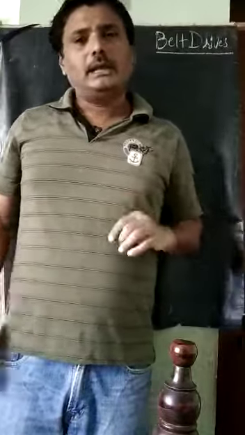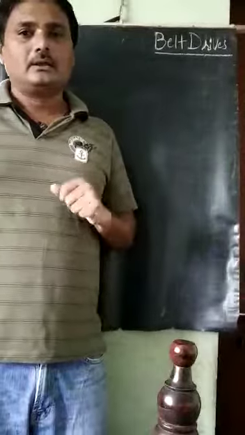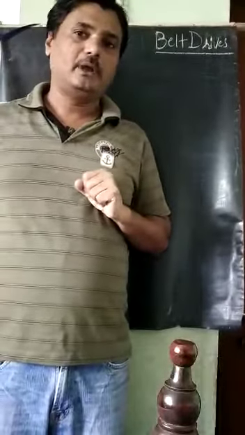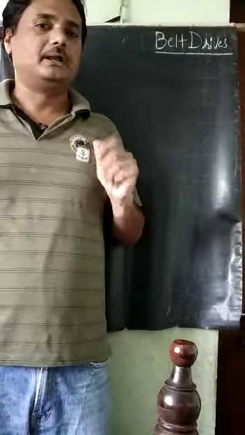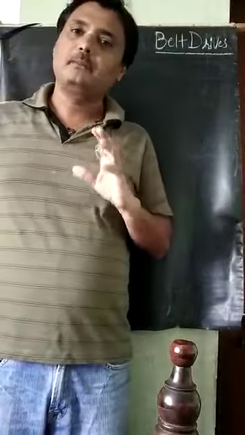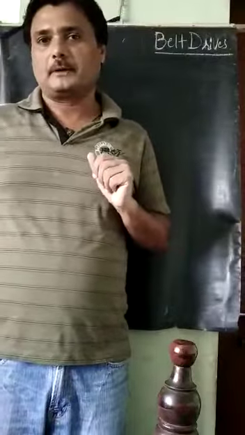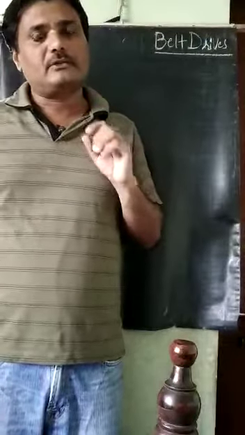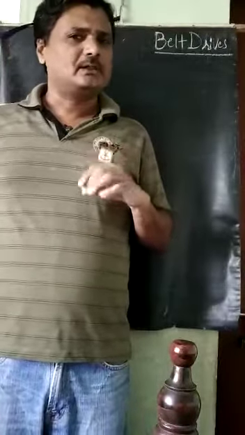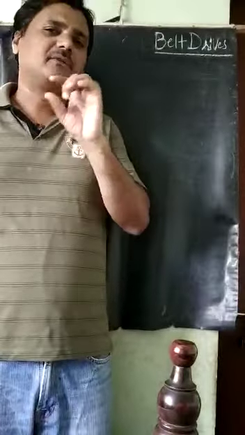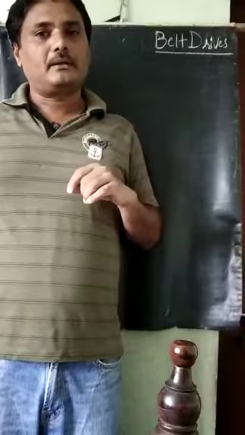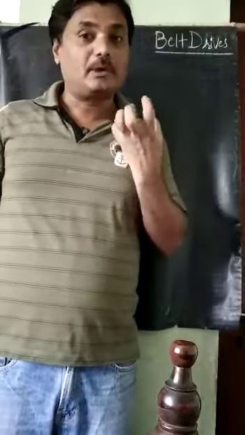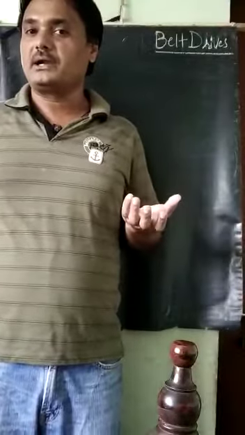So now in detail we are studying belt drives. For that purpose we need a belt to transmit the power from one shaft to another shaft. So what kind of belts, and how have the belts been made? Belts are made from a variety of materials. We can make a belt from cotton, and balata is a material from which we can also make a belt.